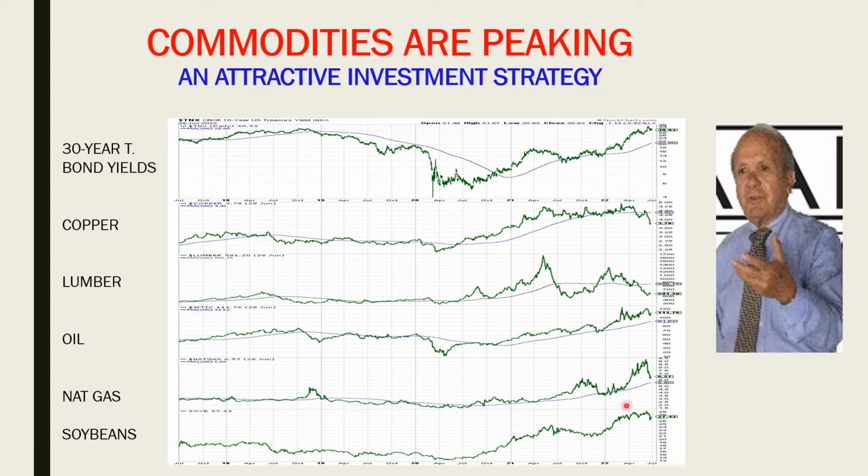So if this is a peak in commodities, as I think it is, and as you can see from copper and other commodities, the odds are that all the other commodities that are still seemingly going up, like yields and crude oil, I think eventually they will also decline following the weakness of the business cycle.